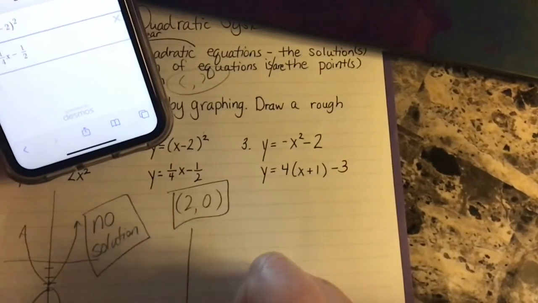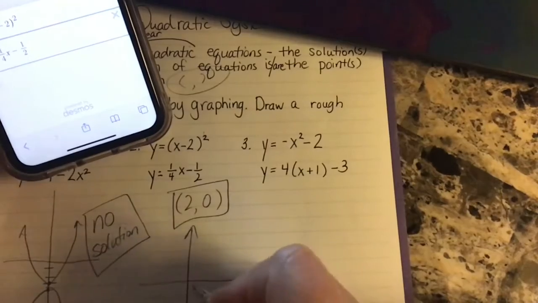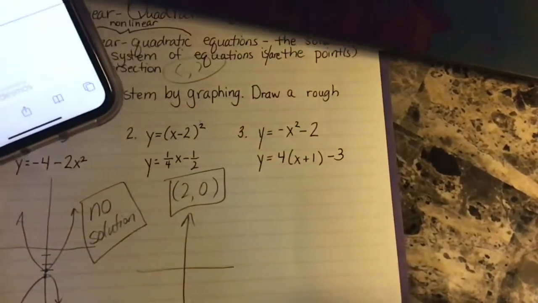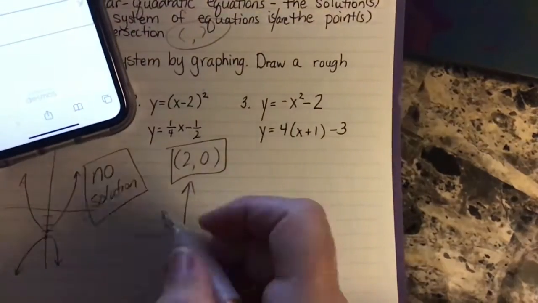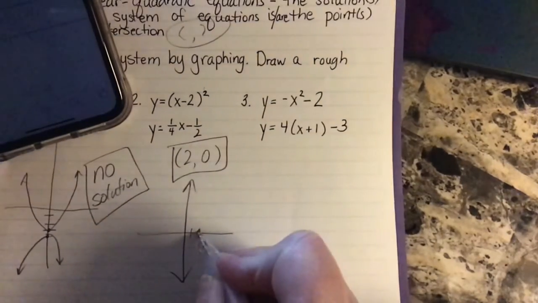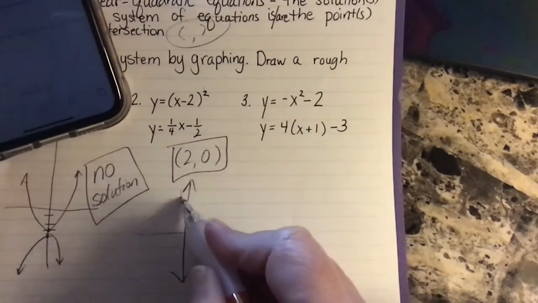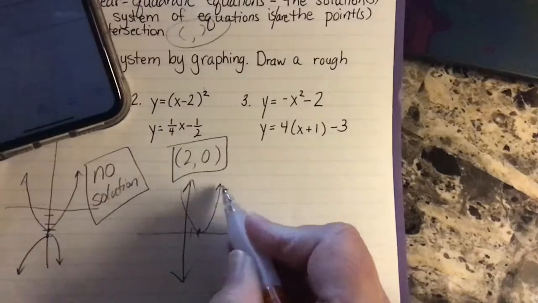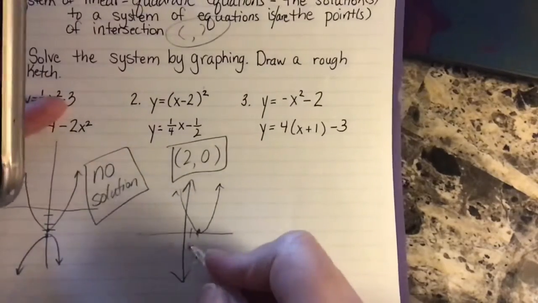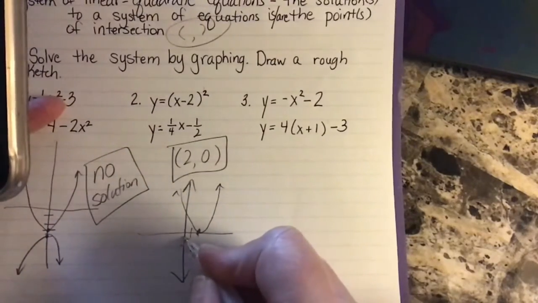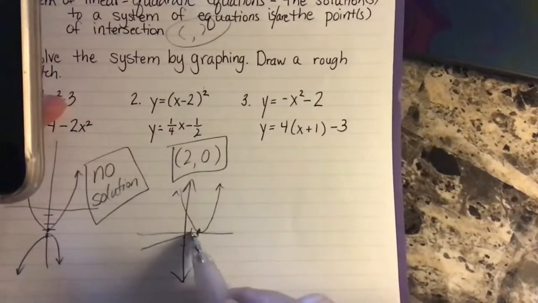And I'm going to draw a quick sketch. I know you can't see that very well. Okay, so 2, 0, and then I've got a quadratic. What's the intercept of that? -1/2. And then a linear.